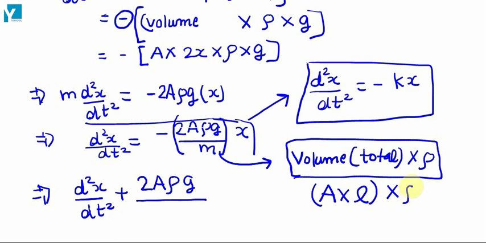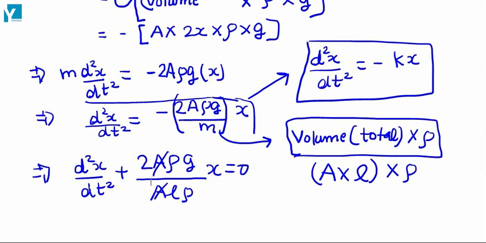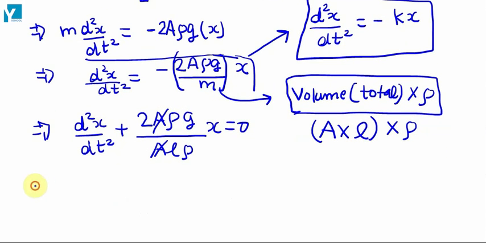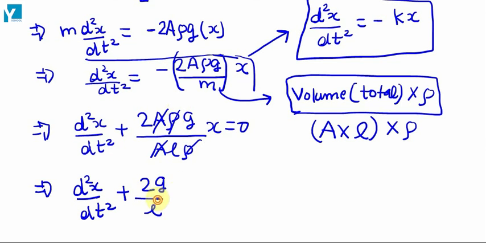So I can write it as A L rho x is equal to 0. This A gets cancelled, and rho also gets cancelled, so I get d square x by dt square plus 2g by L x is equal to 0.